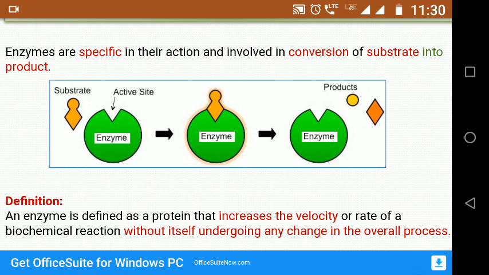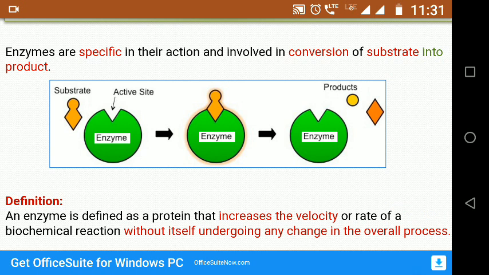and it becomes an enzyme substrate complex, and after that the enzyme will catalyze the reaction and break the substrate into products. Once the product is formed, the enzyme releases the product. Now the enzyme is ready to take another round of reaction. Once again the enzyme binds another substrate molecule, and that becomes an enzyme substrate complex.